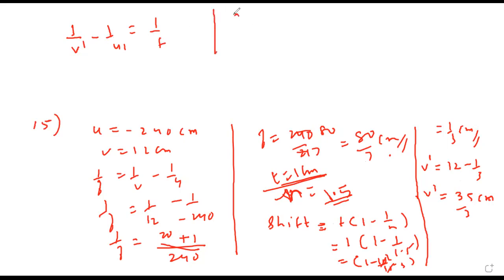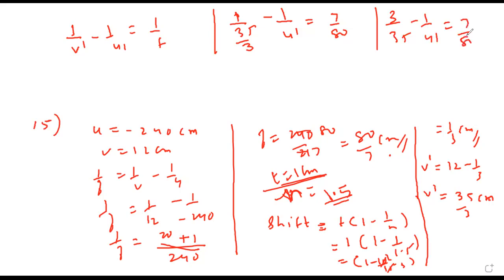The image is at 35 by 3. The focal length is the same, and its reciprocal is 7 by 80. So 3 upon 35 minus 1 upon u dash equals 7 by 80. So 3 by 35 minus 7 by 80 is 1 upon u dash.